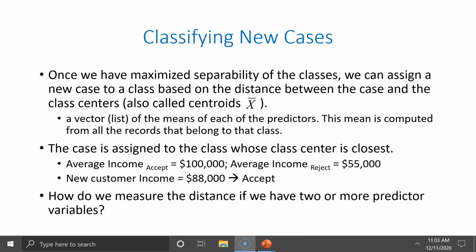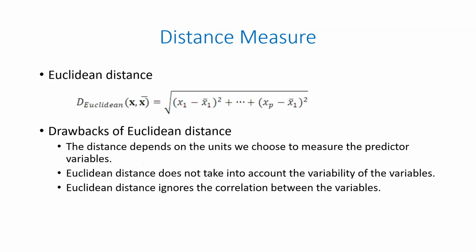What if we have more than one predictor variable? How do we measure the distance between the new case and the class centers? As we discussed the distance measures before, the most commonly used distance measure is the Euclidean distance.